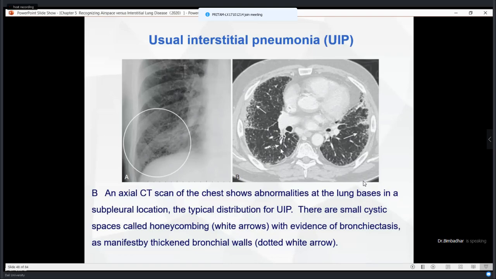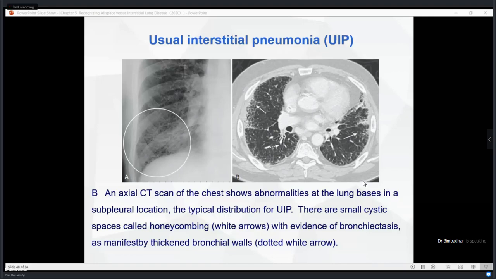Railroad sign or tram tracking appearance. So permanently dilated bronchi along with thickened bronchial walls show such an appearance, which is actually called traction bronchiectasis.